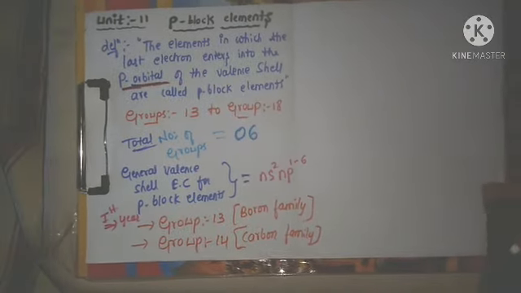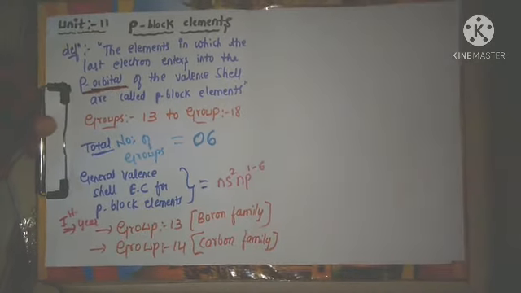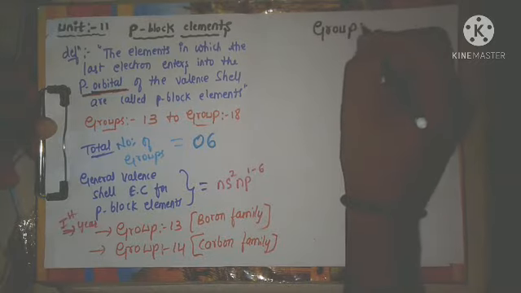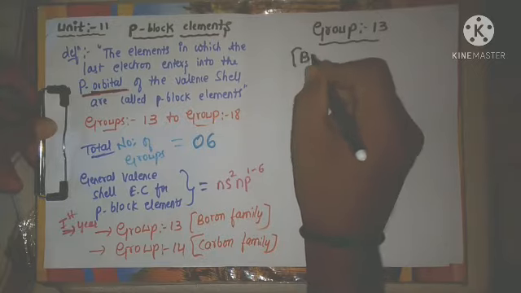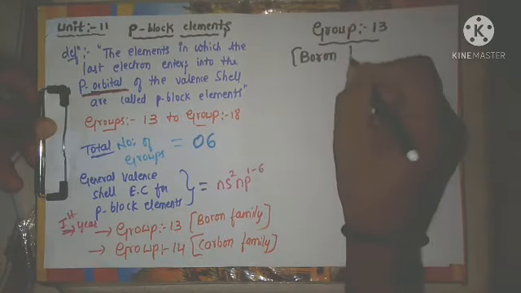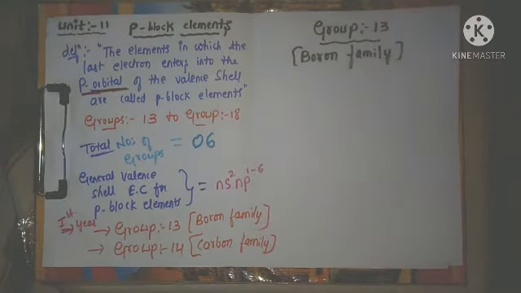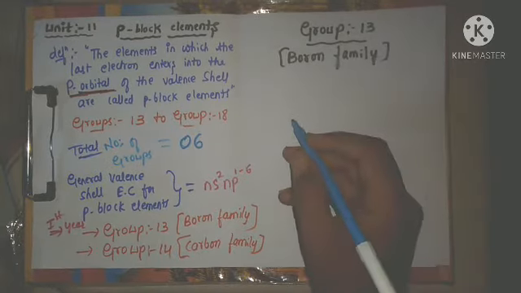Now we will start with group 13, which is also called the boron family. Now we will see what elements belong to the 13th group. I will write the elements first.